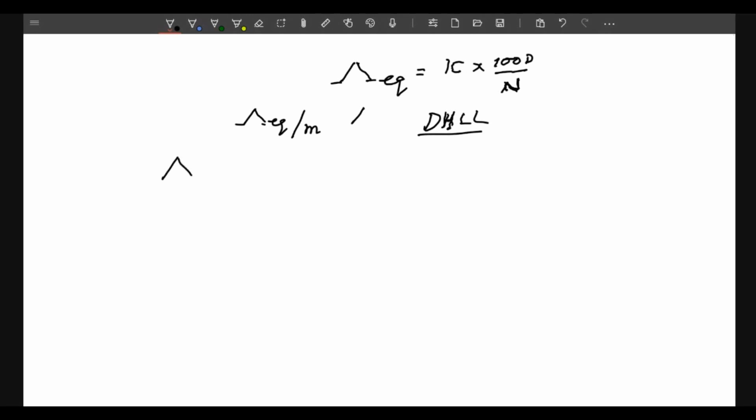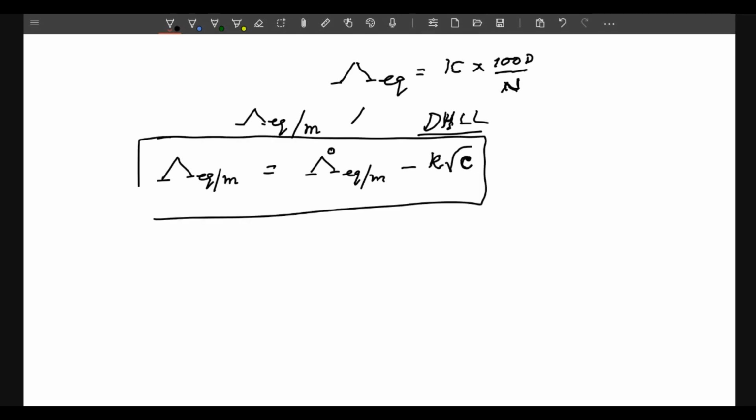By that method, the equivalent conductance or the molar conductance of any solution would be equal to lambda naught, that is the limiting equivalent conductance or molar conductance, minus K, where K is a constant, into root C. C is the concentration of the electrolyte. This is the equation you have to use to calculate the equivalent conductance for a strong electrolyte.